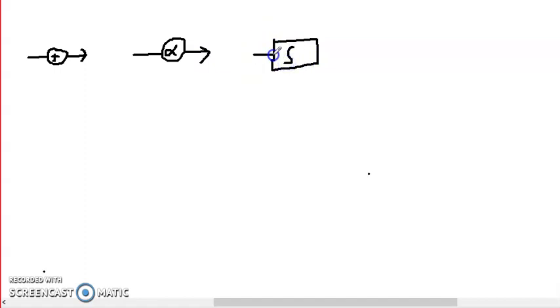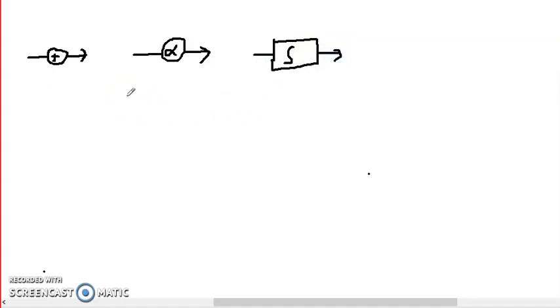In the analog domain, that is the S domain, for an analog filter we generally use adders, then we have multipliers, and we generally have integrators.